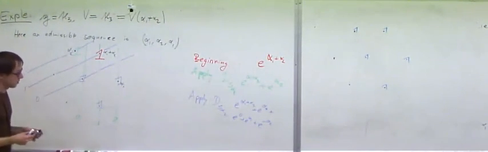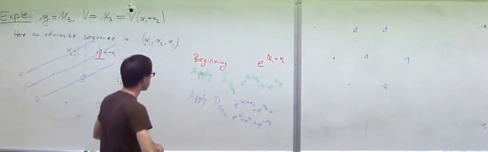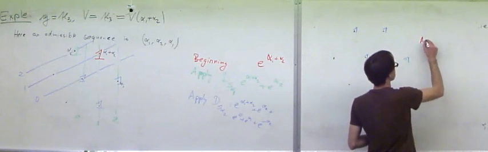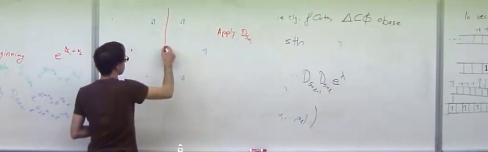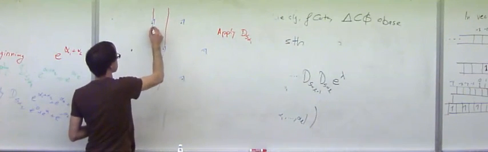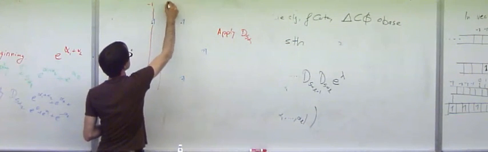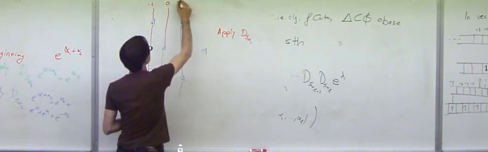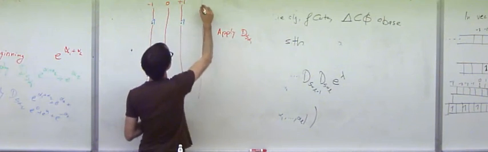So now I have to apply, as you say, D sub alpha 1 again. Let's write this in red maybe again. So I have to look at these level sets. It's hard to draw this.